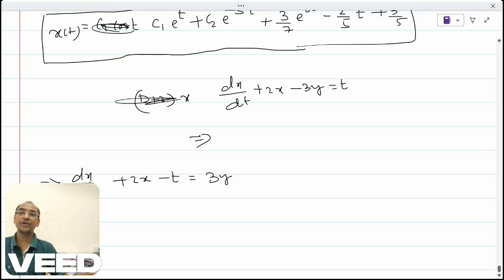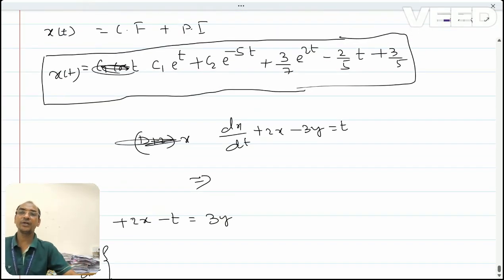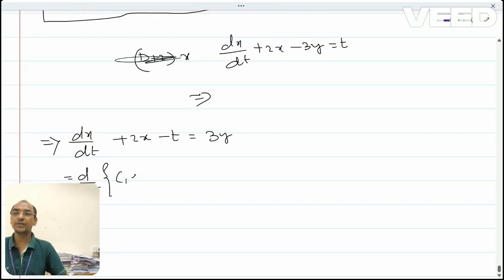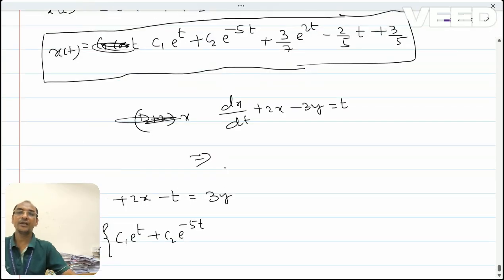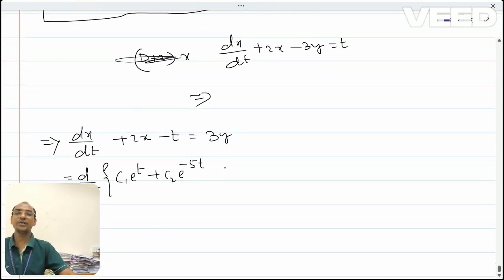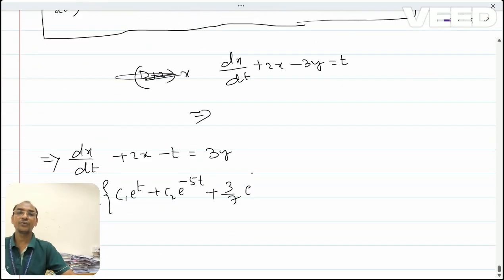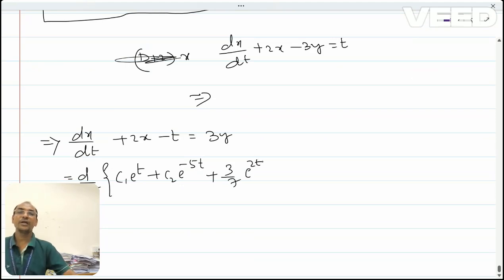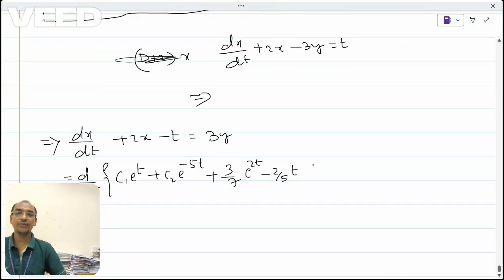Now you find here dx by dt. What is the d by dt of xt? Xt will be nothing but c1 e to the power t plus c2 e to the power minus 5t, and then plus 3 by 7 e to the power 2t, minus 2 by 5 t, and then plus 3 by 5.